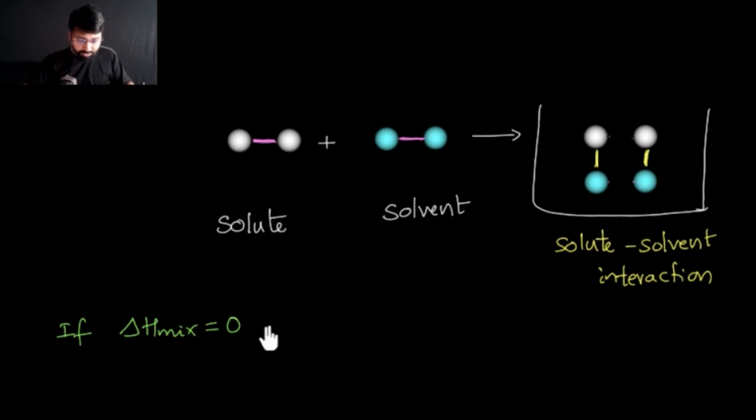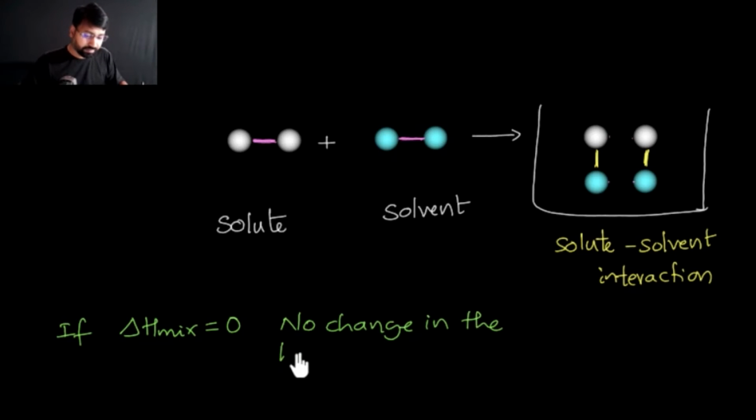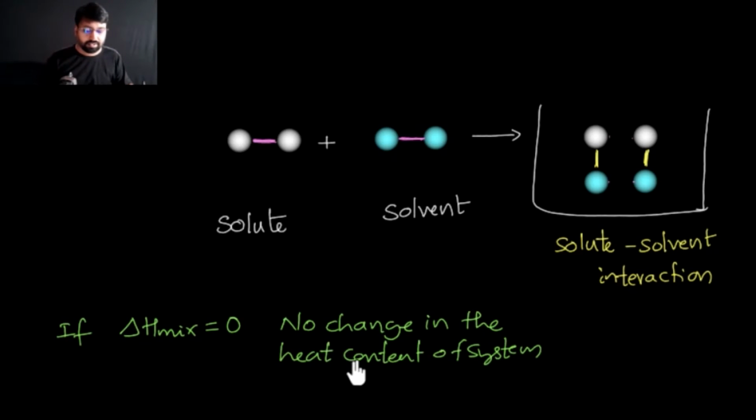It means that there is no change in the heat content of the system, meaning it is constant. Why is it constant? Whatever bond is broken and whatever bond is formed between the solute and solvent is equal, and therefore there is no change in the enthalpy. The enthalpy of the system remains constant.